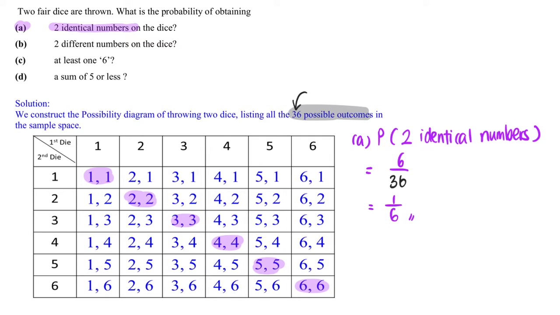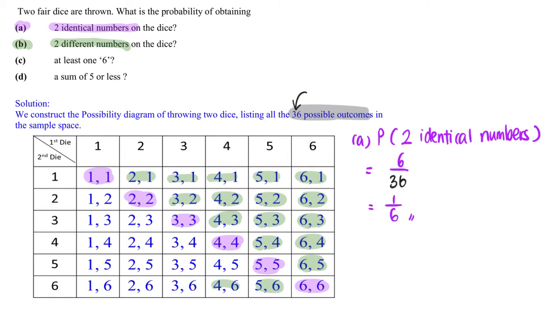Two different numbers. Well, if there are 6 out of the 36 outcomes that have identical numbers, how many possible outcomes do you think there are for two different numbers? Yes, and if I were to count them out, I would also get 30.